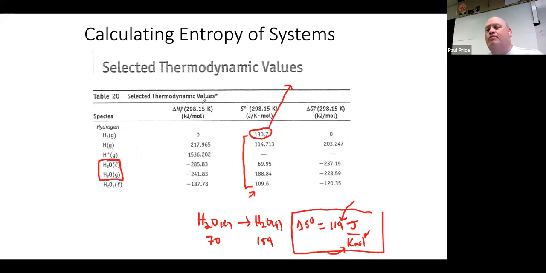Now, I want to remind you something as well, and if you've had a previous thermo lesson, you could actually talk about this aspect, because what we're going to see in the next slide, we're not going to have quite time to do, but it would be a great problem for you to do on your own. Notice also that S here is not a delta. This is actually telling you the number of ways to disperse energy.